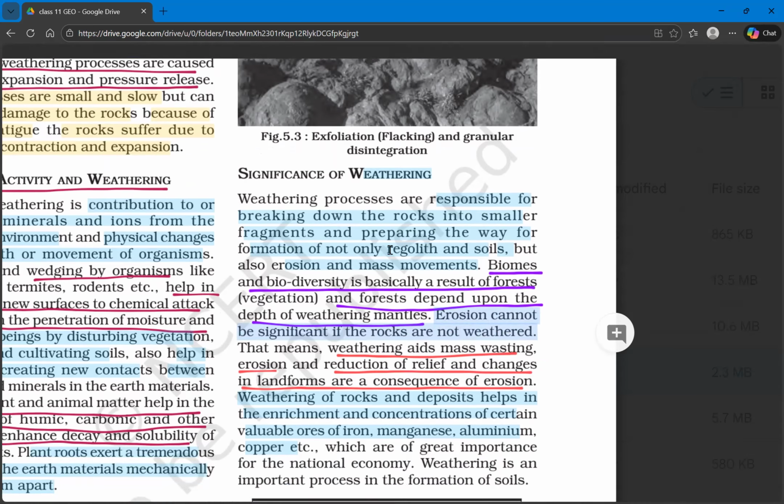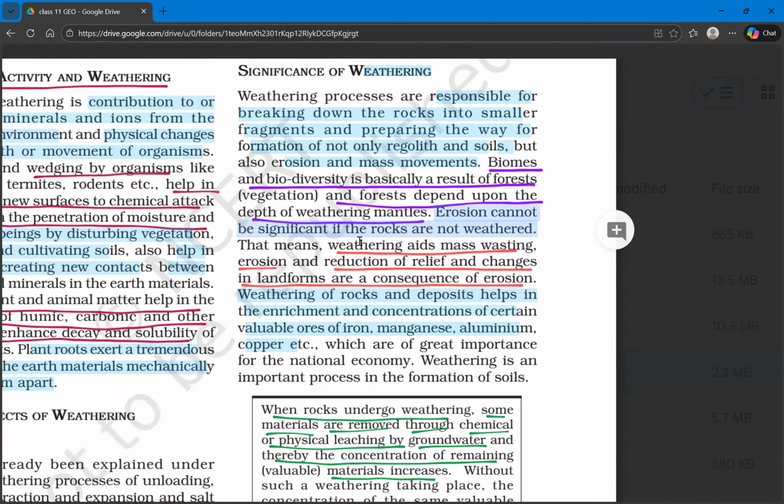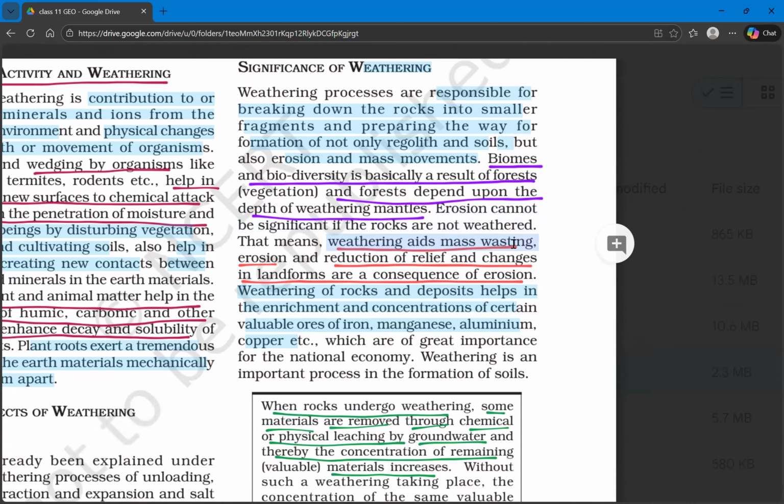So weathering is important for erosion. That means weathering aids mass wasting, erosion, reduction of relief, and changes in landforms are a consequence of erosion. So weathering helps mass movement, erosion.